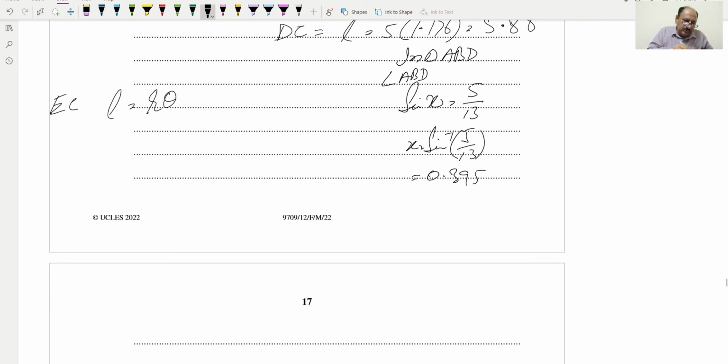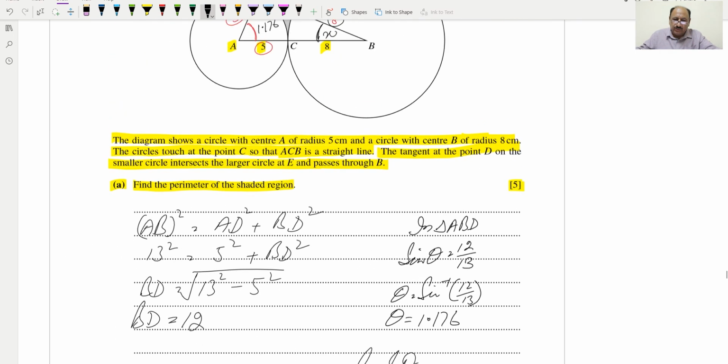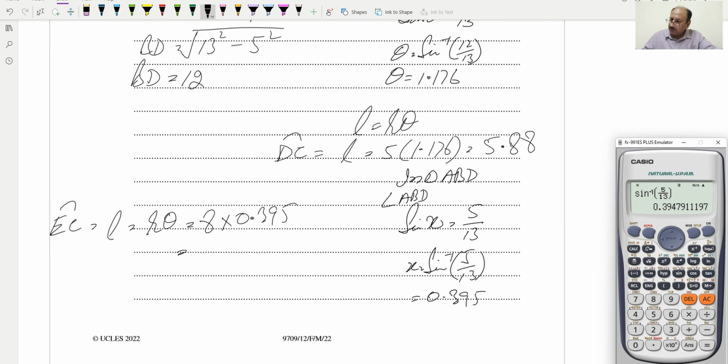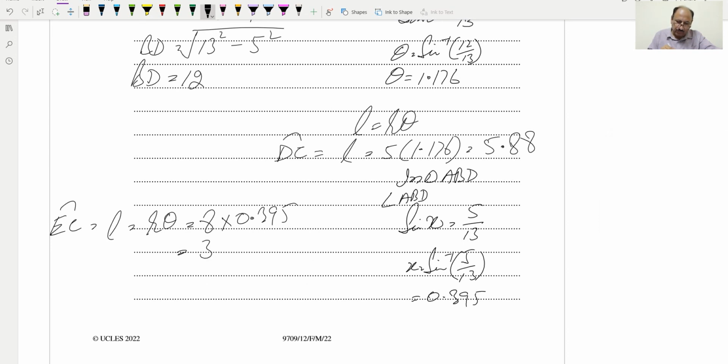So arc EC will be equal to R, which is 8 units, so 8 multiplied by 0.395, and this is equal to 3.16.